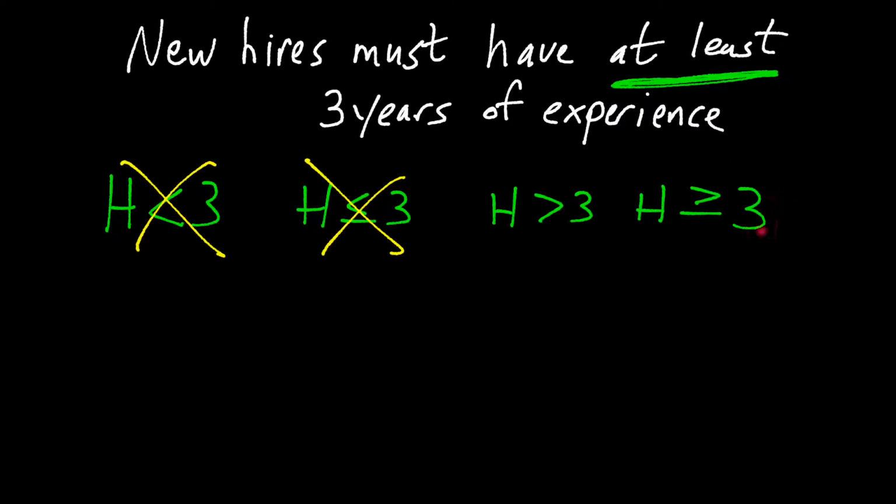But H greater than or equal to 3 means that we can have 3 and satisfy our condition, or we can have more. So this is our answer. And whenever you see the word at least, there's a really high chance you are going to see the greater than or equal sign being used with it. Alright, let's try one more of these, and then show the last possible way we could write an inequality.